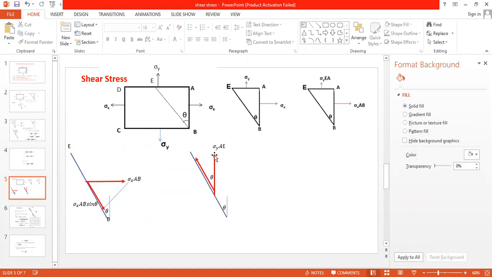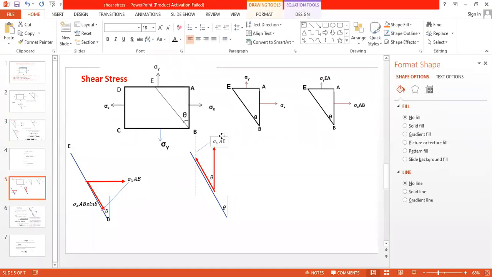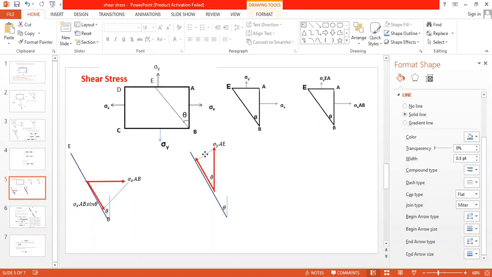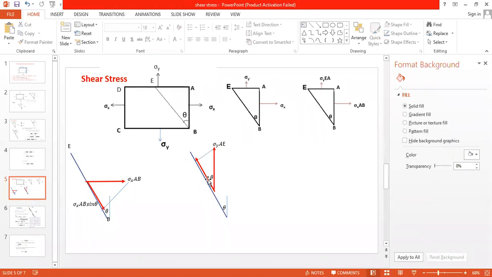Now when we draw the normal line here, this is 90 degrees. This is your sigma y AE. Now this angle is theta. What is this magnitude?